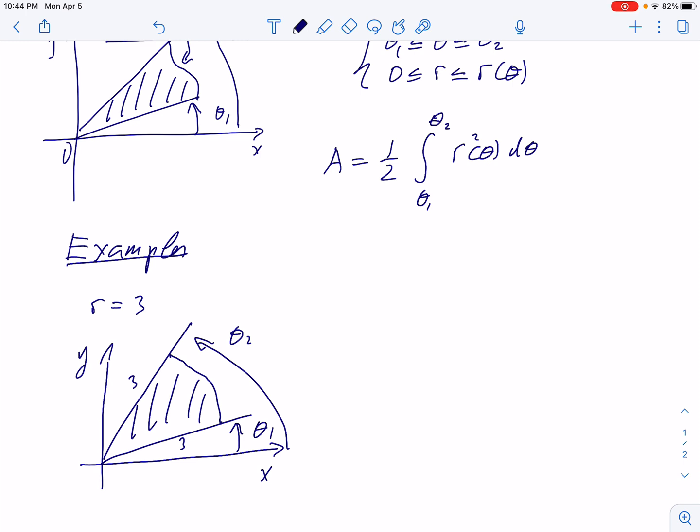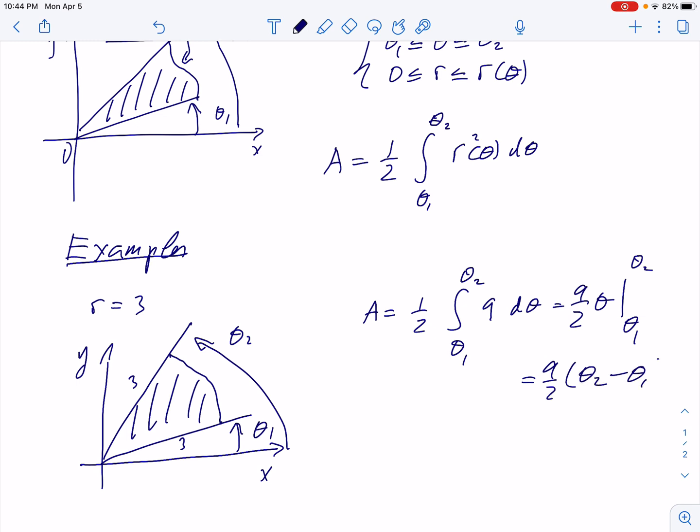The formula will give 1/2 integral from theta 1 to theta 2. Radius is 3, so there will be 9 here, d theta. This is 9/2 theta between theta 1 and theta 2. So this is 9/2 difference theta 2 minus theta 1.